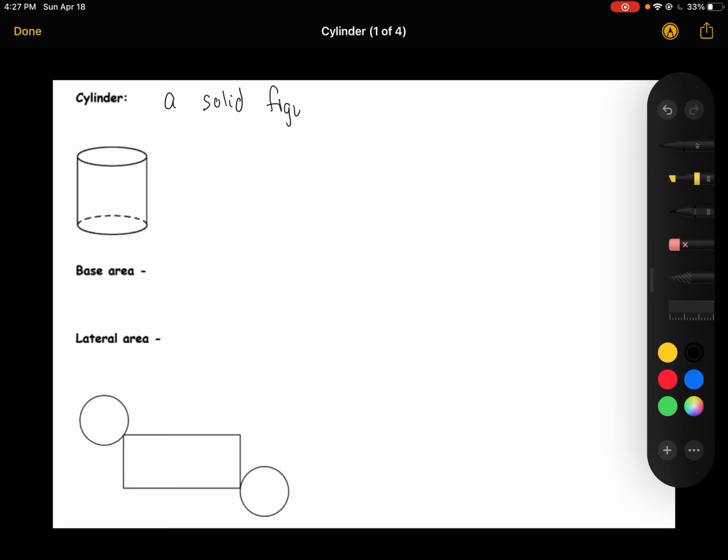So first things first, what is a cylinder? We define a cylinder as a solid figure with parallel sides and a circular cross section.